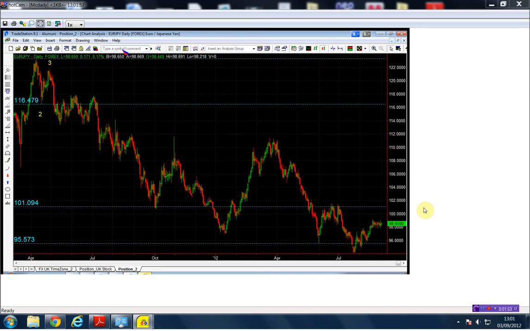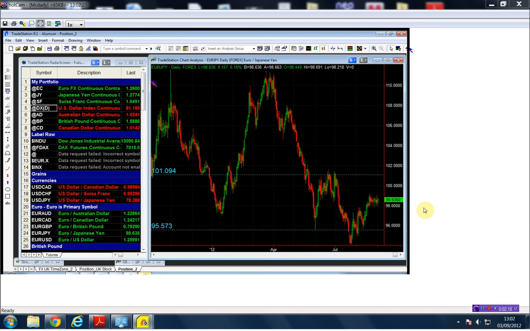When you're trading the euro yen, you're trading the difference or the rate of exchange of one currency versus the other. If you're going to buy the euro, this means you're selling against it the yen, and you're trying to capitalize on the difference. So the euro yen is made out of two components.